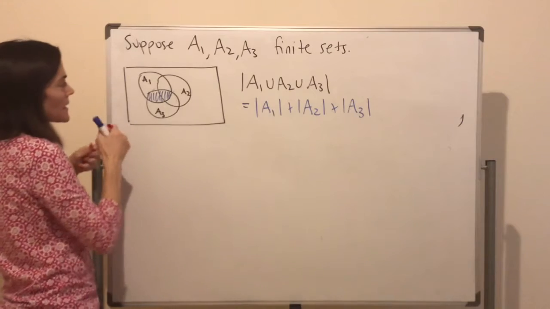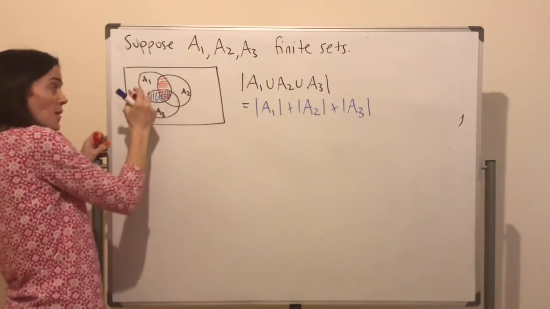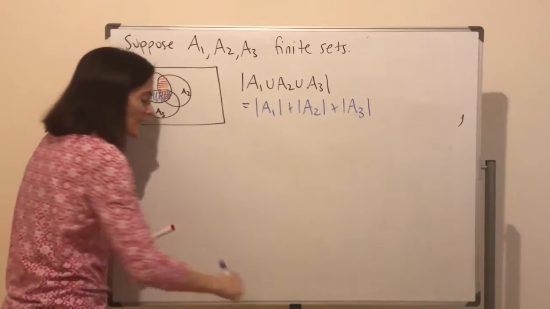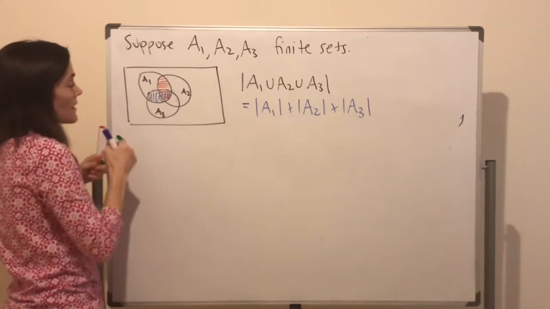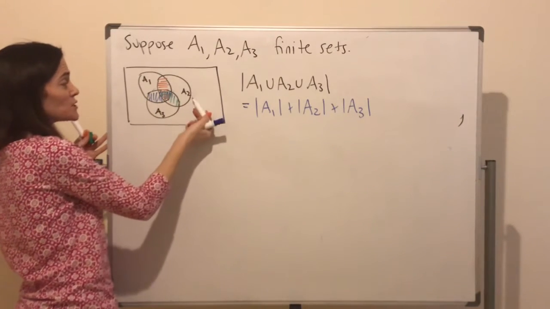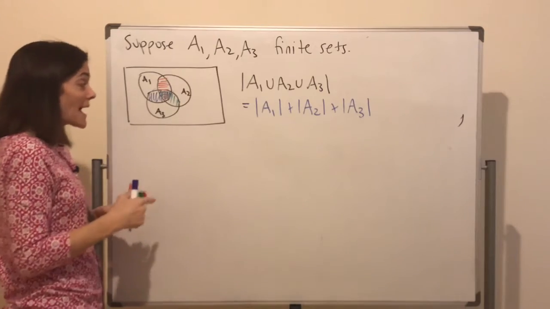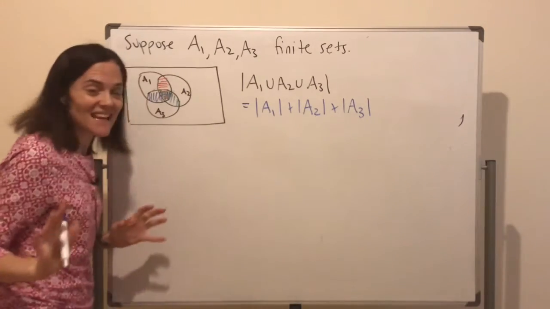So everything here in this red has been counted with A1 and with A2. And finally, everything here was counted with A2 and with A3. Okay, so we need to subtract, just like we did with 2 sets.